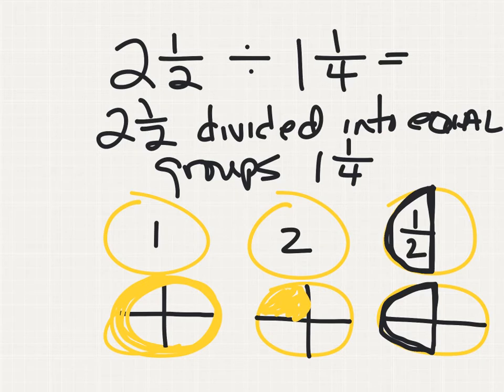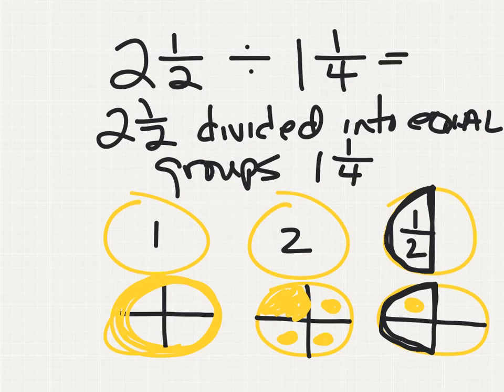And then to make one whole, I need 4/4. So I need this piece, this piece, this piece, and that piece to make one. Those are 4 pieces where each piece is 1/4. Those 4/4 make one whole.